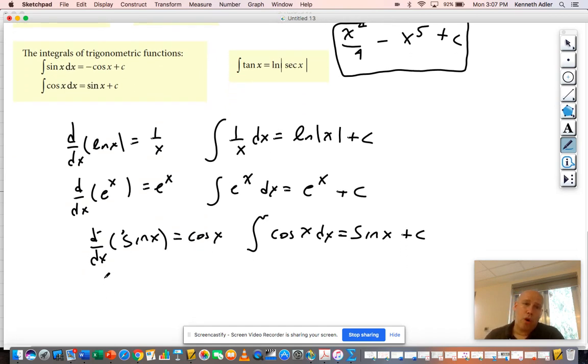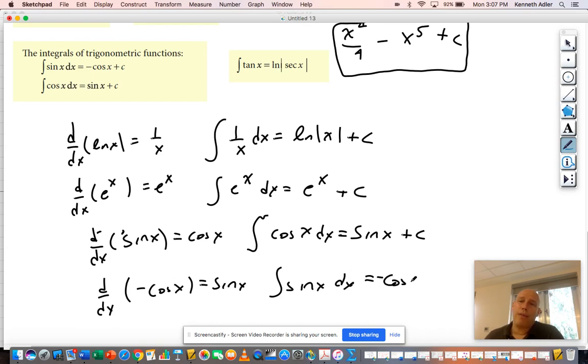And then we saw the derivative of negative cosine of x equals sine of x. So the integral of sine of x dx equals negative cosine of x plus c.